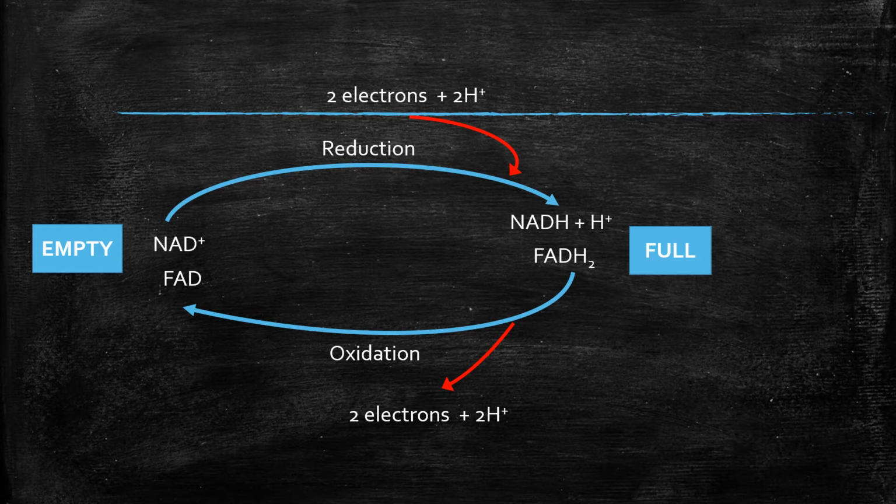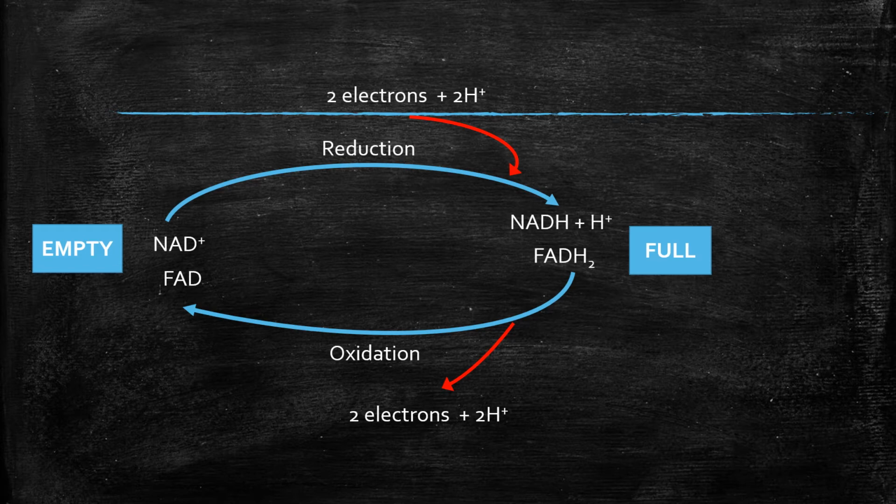At that point it is full, it is an electron carrier, and it can then donate its electrons to any electron acceptor. And when it does that, that process is called oxidation, and it goes back to the form NAD+. That's the one that's used most often. FAD is also used as a coenzyme, and again it goes through reduction in which it gains electrons and hydrogen ions and becomes FADH2.